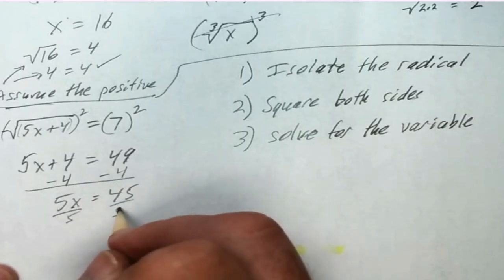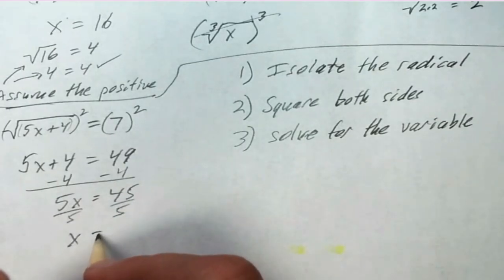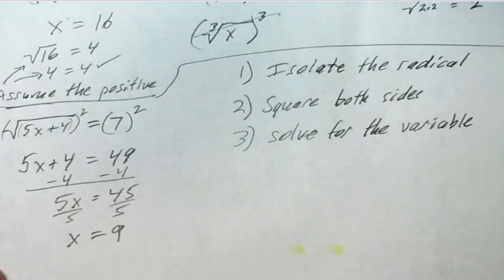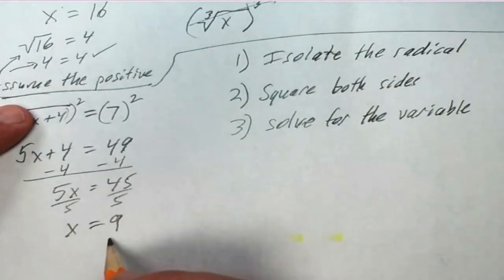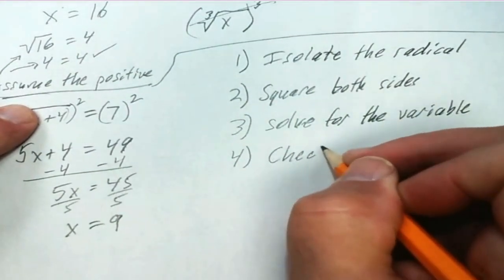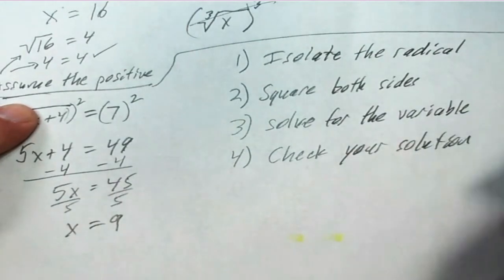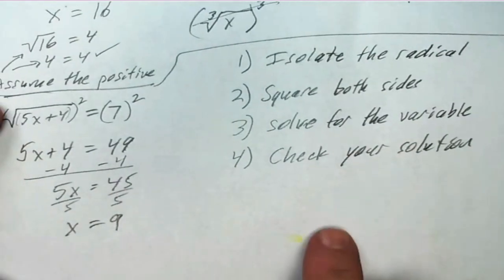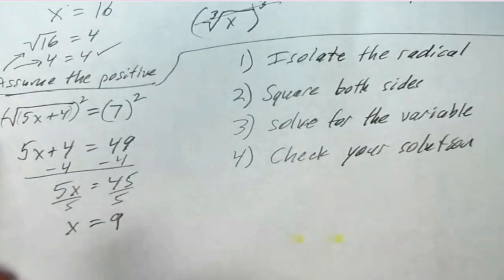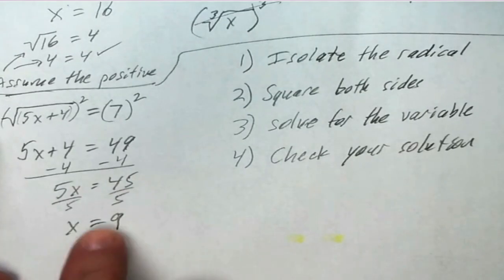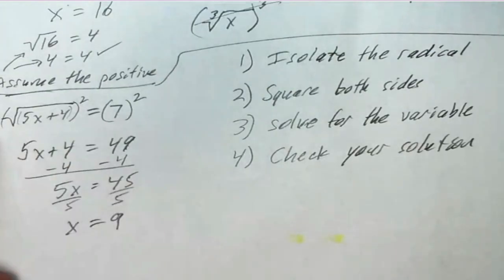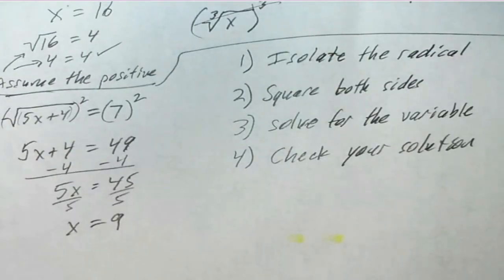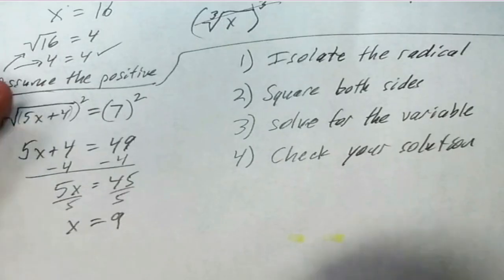Divide by 5. x equals 9. There's our solution. And finally, we're going to check our solution. And there's a real good reason we do this, because we're going to find sometimes we're going to get a solution, but it doesn't work. Like, what? How can you do that? Well, we'll look at some of that.